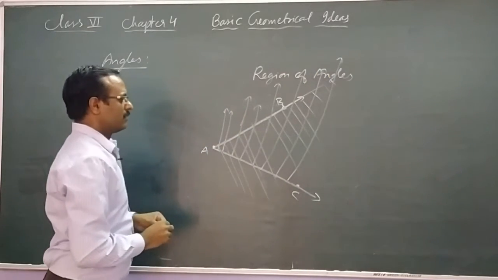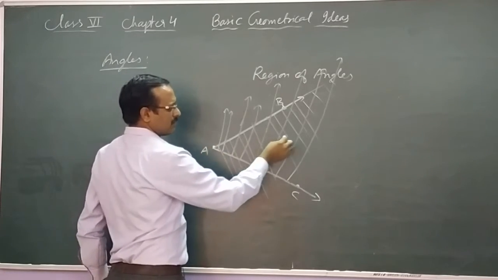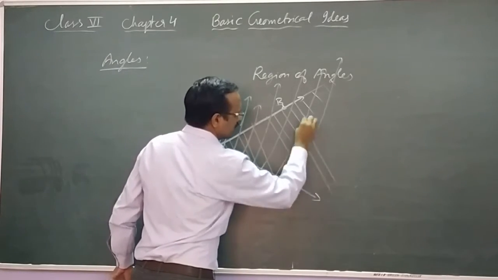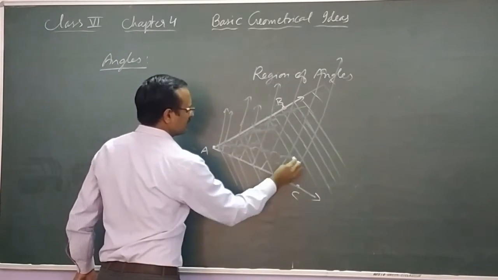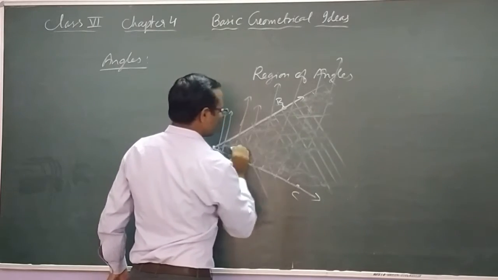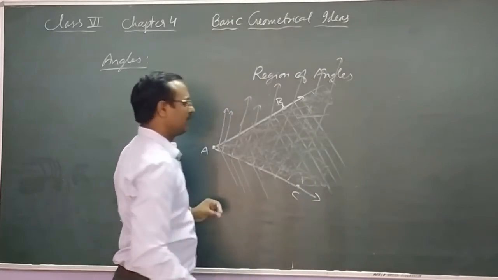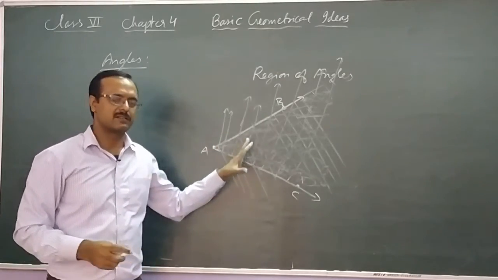So you can see there is some crossing of these two rays. Two shaded regions are crossing each other, and this crossing portion, that is the common portion of the shade, is called the interior of the angle.